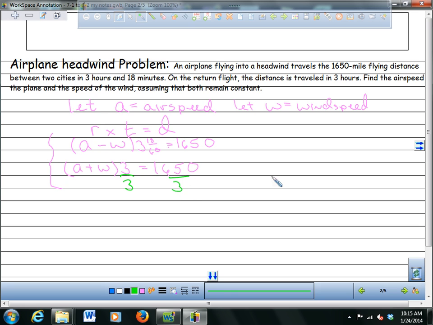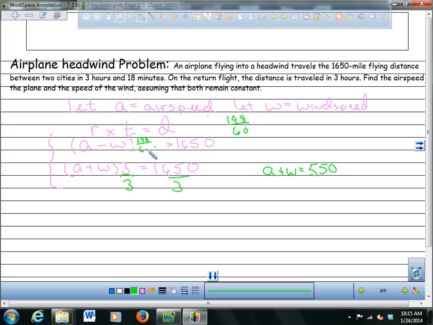And that gives you A plus W equals a nice even 550. Then you've got to be kind of algebraic, kind of smart: this is 180 plus 18, so that's 198/60ths.